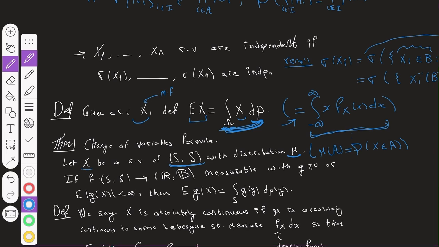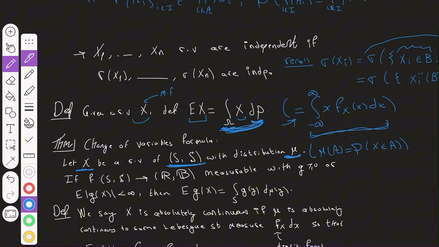This is from the first session in the series. All right, so again, we're starting with a random variable defined on this measurable space, and we're assuming that it has a distribution mu. We're just giving the distribution the name mu.